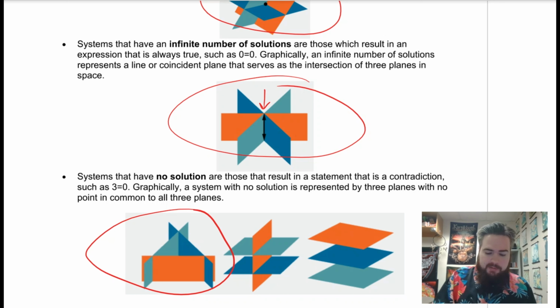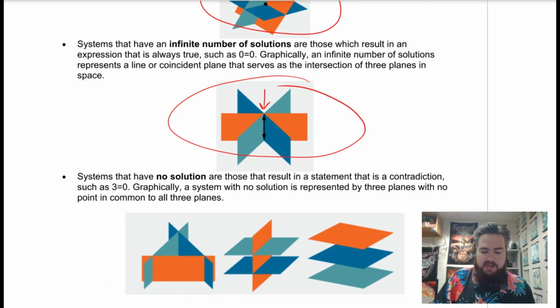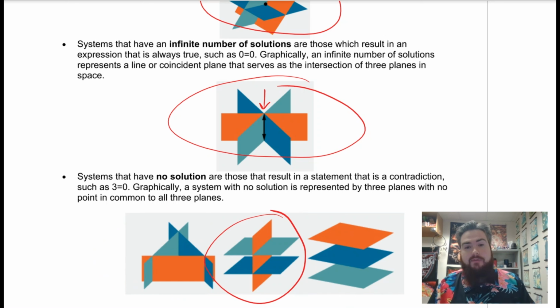We have 3 planes here which do intersect for some of the planes. For example, the orange and greenish planes intersect along this infinite line, but the blue plane does not intersect on that same line. Therefore, it is not a consistent solution that is true for all cases. Same is also true for the second scenario here, where we do have 3 planes. Again, they do intersect in some cases.